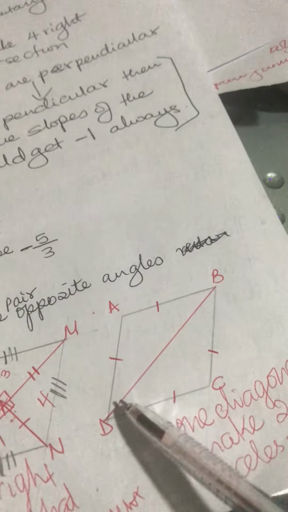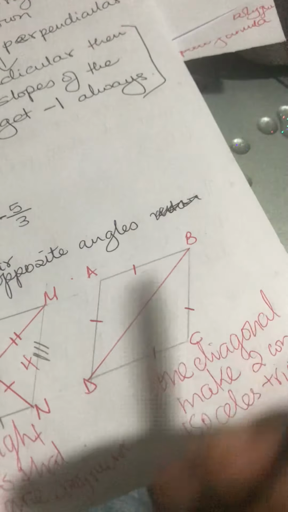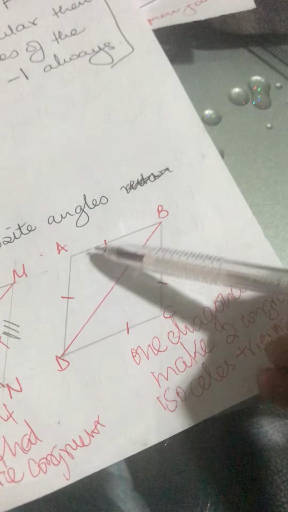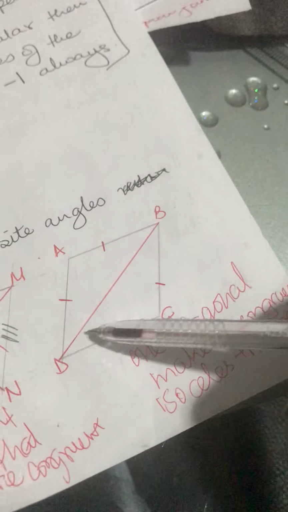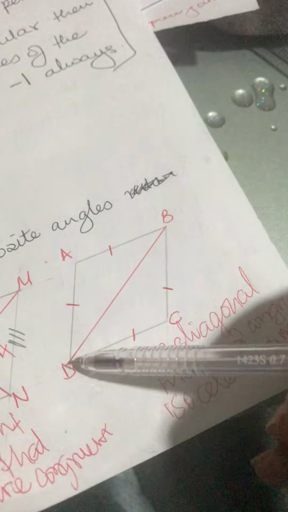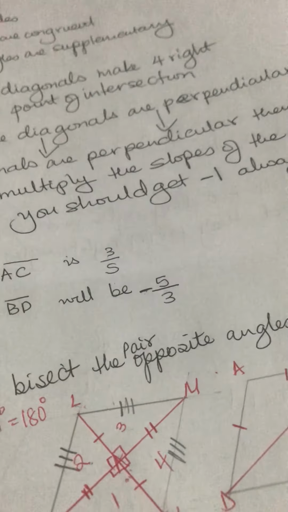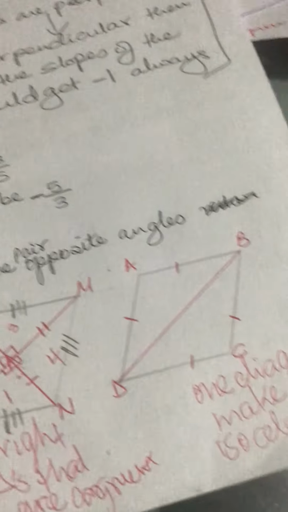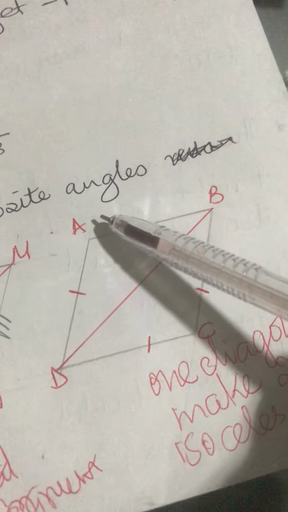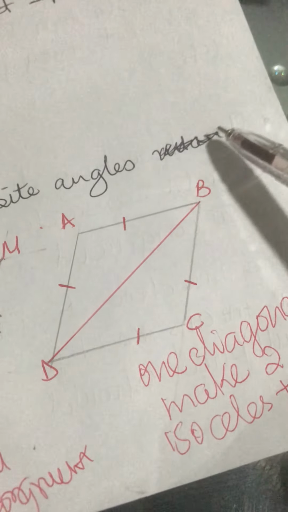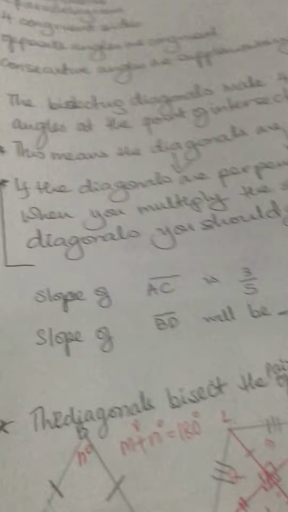Okay? So this one diagonal cuts the rhombus into 2 equal parts, and this triangle is isosceles, and this triangle DBC is isosceles. Why? Because it has 2 sides that are the same. So remember, all the sides are congruent in a rhombus. So these 2 are the same, therefore this is an isosceles triangle. Okay, then we continue.